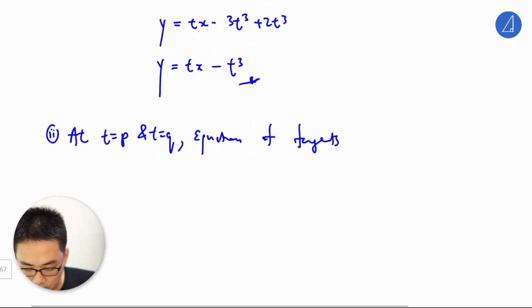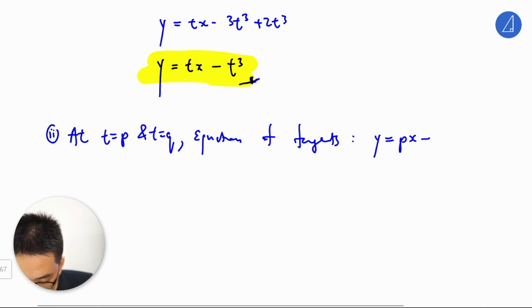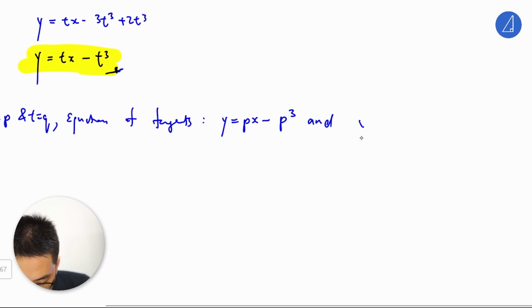For the equation of tangent, just use this one here. y equals qx.